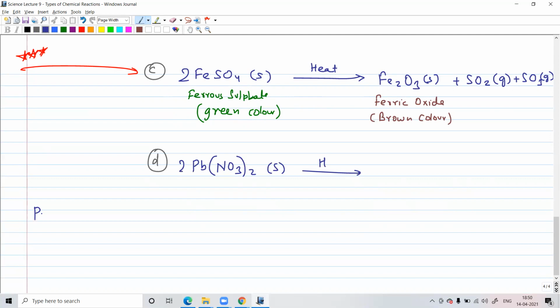Pb stands for lead. You know about lead, right? Actually, the scientific name is plumbum. That's why Pb is the symbol, but in common language, we know it as lead. And it's very poisonous for humans. Yes, sir. This breaks down to lead oxide.